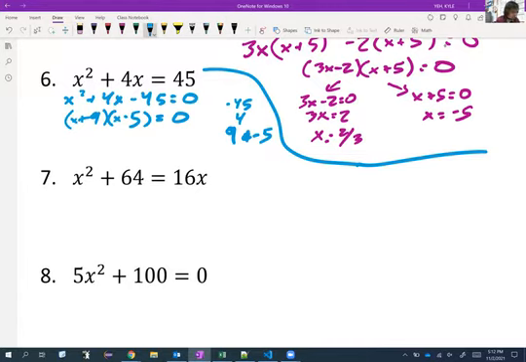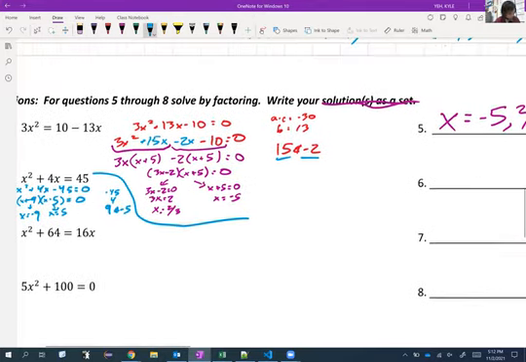And then what x values would make these factors 0? Well, negative 9 would make that one 0. X equals negative 9. And positive 5 would make that one equal 0, just kind of from inspection. What can I plug in to make that 0? So x equals negative 9 or positive 5.